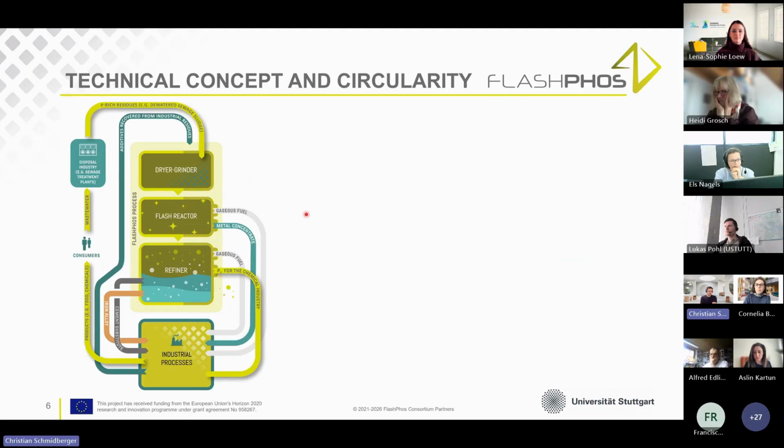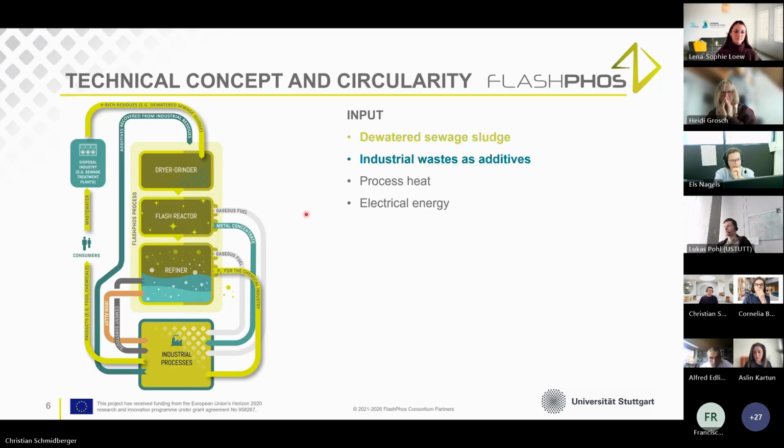So coming to the FlashPhos concept and its circularity, I will go through this graph with you. As an input, you have, for one, the dewatered sewage sludge coming from the wastewater treatment plant and industrial residues, as well as process heat, which is required for certain steps, and electricity, which is used for certain process steps.